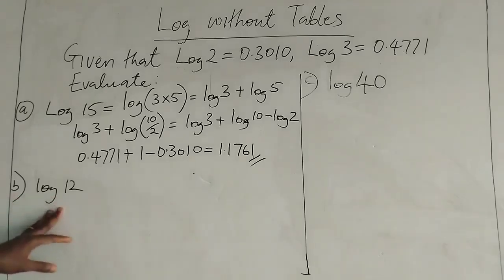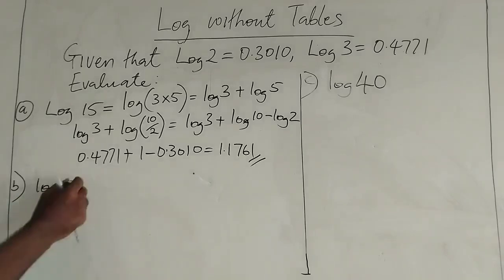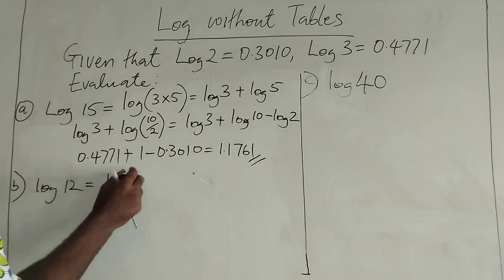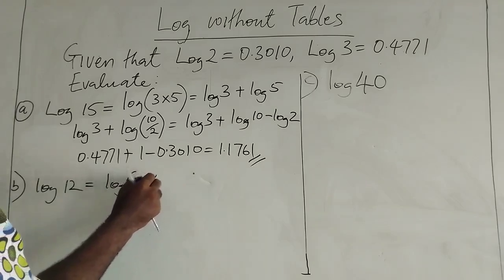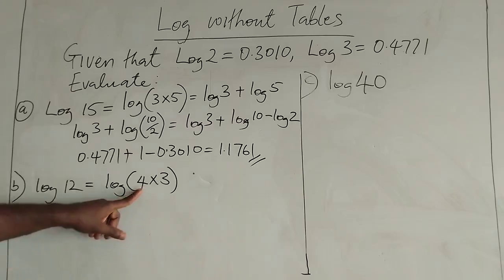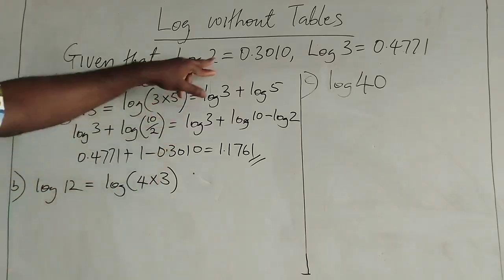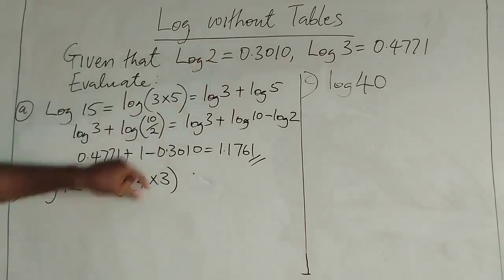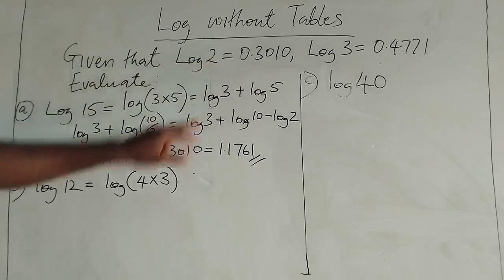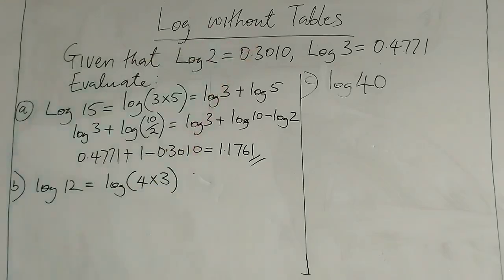So the second question, log 12. Simplifying 12, we have log 4 times 3. We chose 4 and 3 because 4 can be simplified further in terms of 2, while 3 is given.